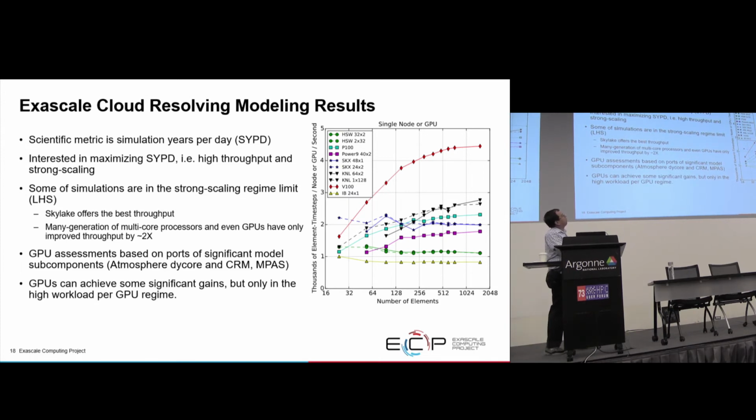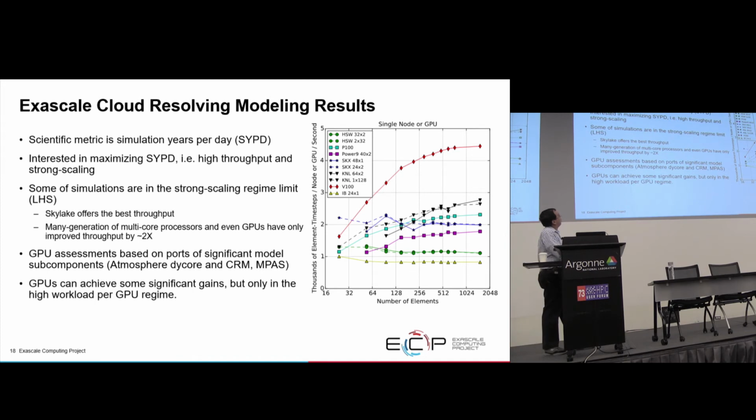We have several generations of Intel processors: Ivy Bridge, KNL, Skylake, Haswell. We often end up running our simulations in the strong scaling limit, which is all the way out here. You can see we get quite a bit of throughput on a Skylake machine. On the GPU, if you have a big enough workload, you can get the throughput out of it. But we're often working in this regime for our simulations.